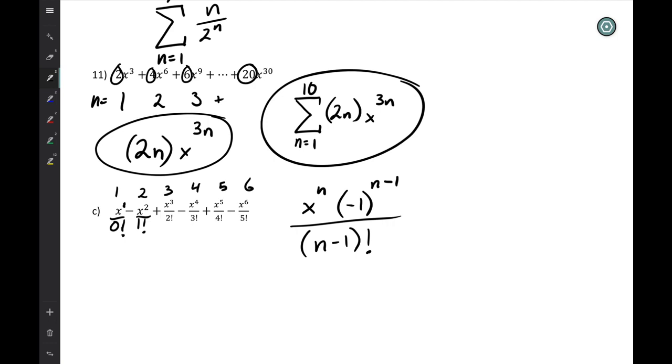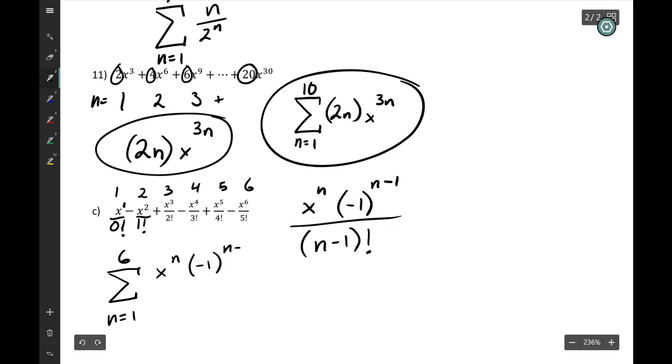To write down the summation then, there's 6 terms, so I go from n equals 1 to 6 of this giant expression here. Okay, so this is your answer.